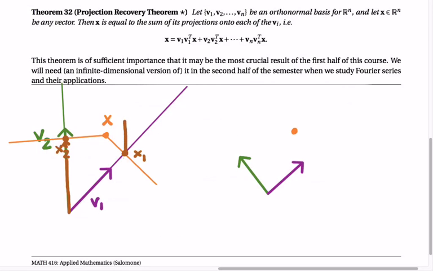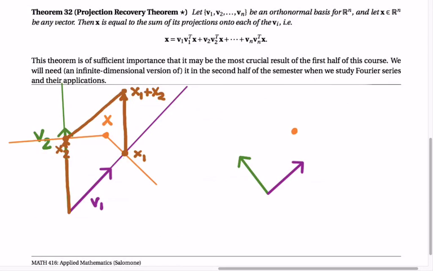So I'll take another copy of that vector and sketch it in over here. And so here's x1 plus x2, somewhere out here. Sometimes it's called the parallelogram law for adding vectors: the sum of two vectors lies at the opposite vertex of a parallelogram, where the two sides of that parallelogram were spanned by the vectors in the first place.